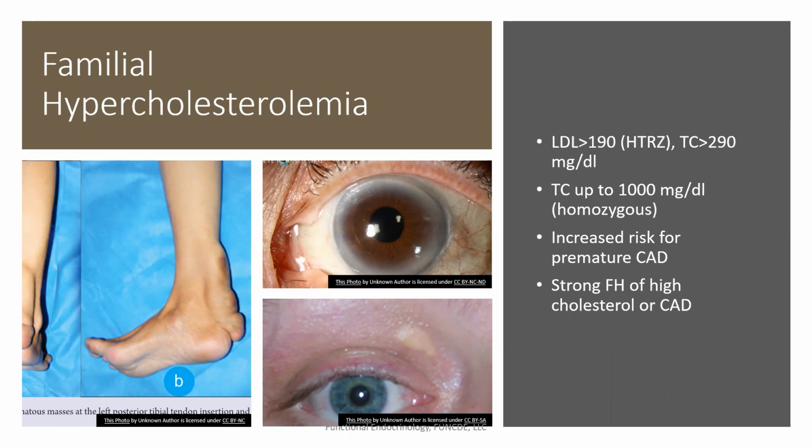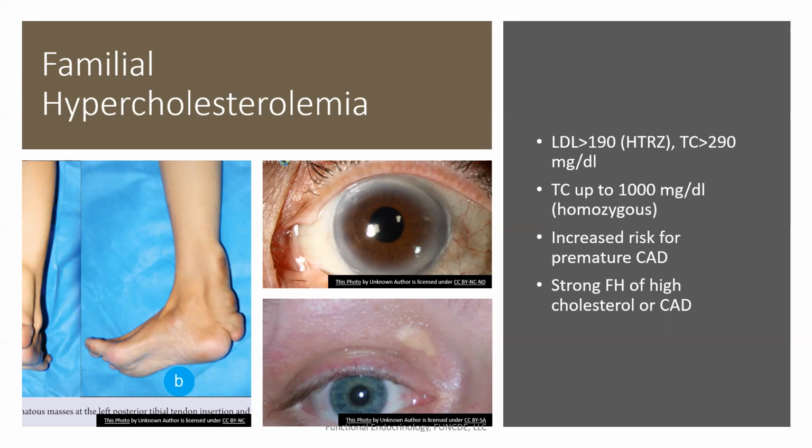Usually it will be when people have a double copy of the mutation, and therefore cholesterol will be around 500, 600, even 1,000, with LDL between 350 and 800 and 1,000. Those cases are super rare, maybe 1 in a million, if that.